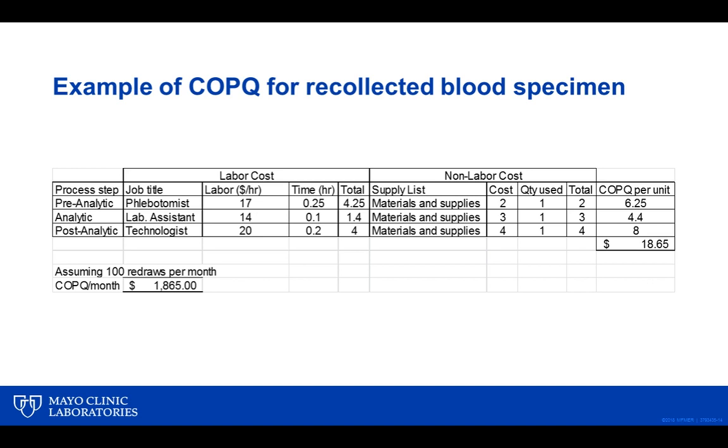So that is cost of poor quality per month of about $1,865. So you can see right away you're spending close to $2,000 a month just on redraws.